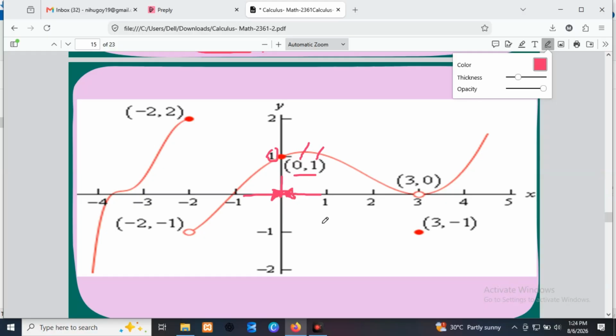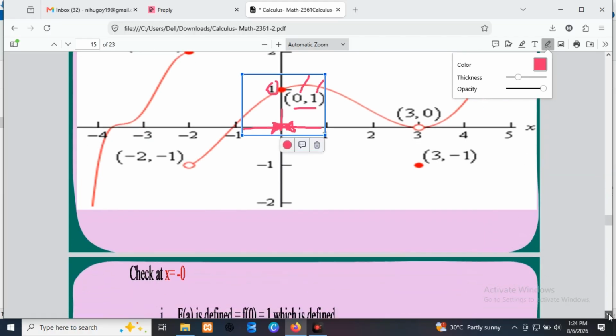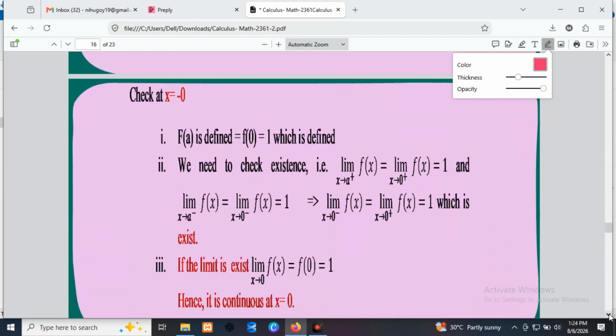Therefore, the limit from the right-hand side and the limit from the left-hand side are equal. At that time, the limit is said to exist.